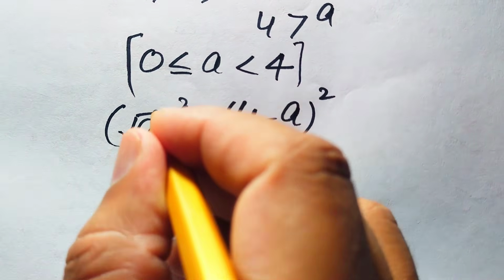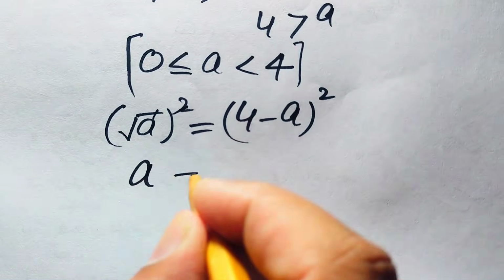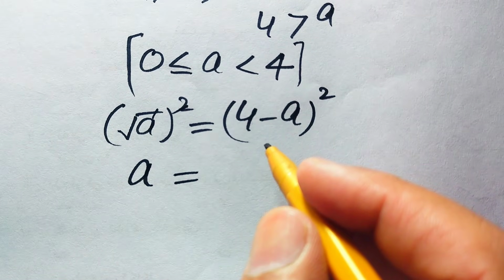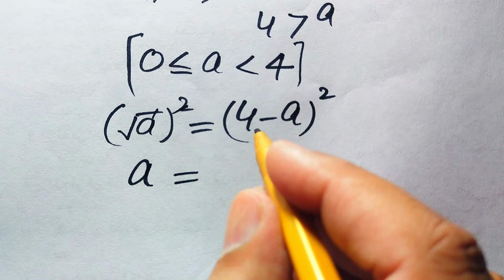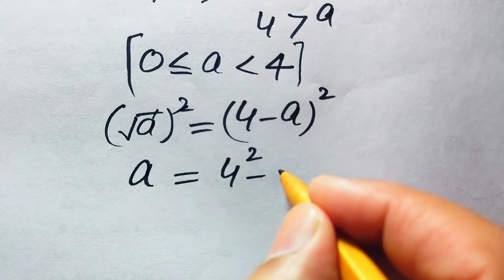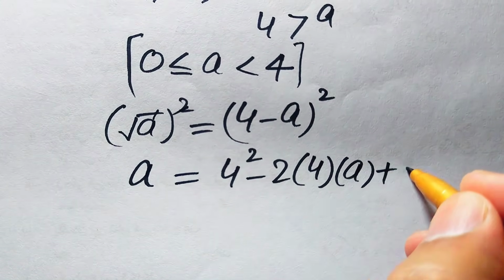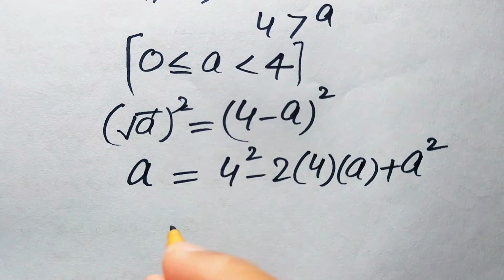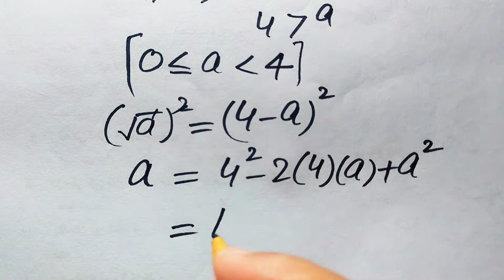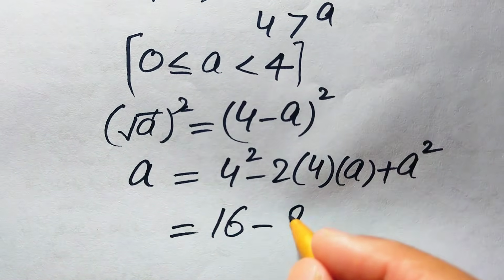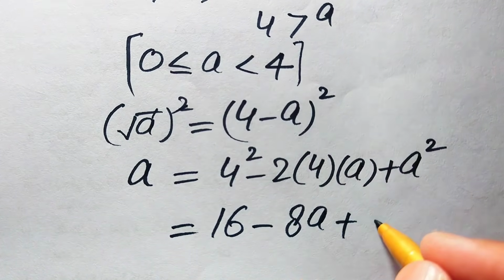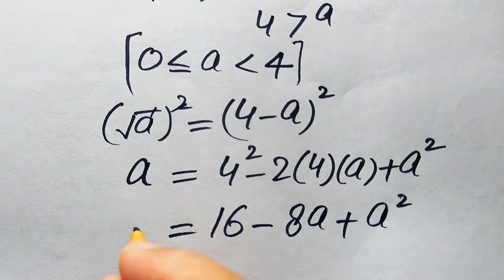You see that the square and the square root are gone, and we get a equals, on the right-hand side we use the algebraic formula: 4 squared minus 2 times 4 times a plus a squared. Further, 4 squared becomes 16, minus 2 times 4 becomes 8a, plus a squared.